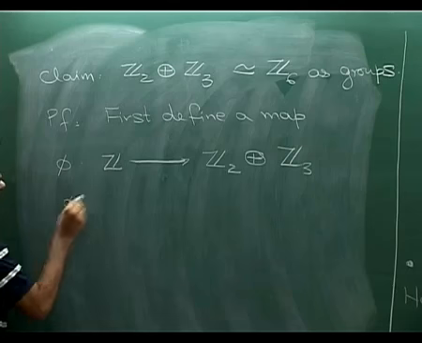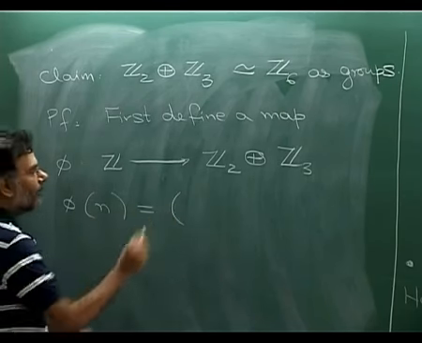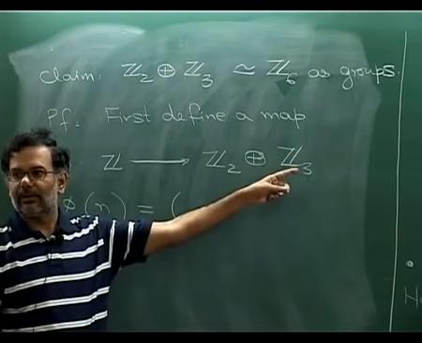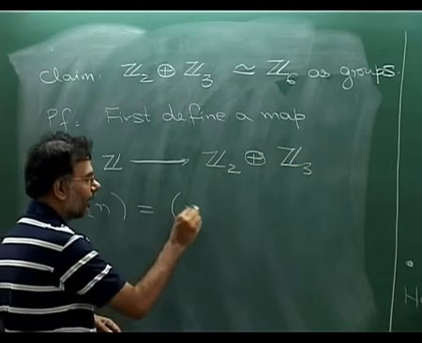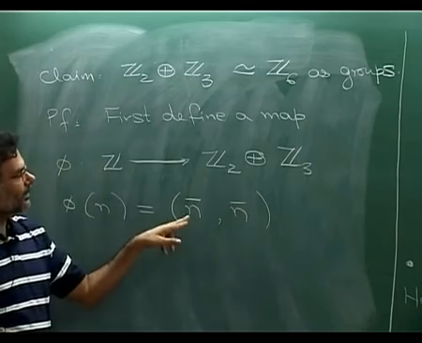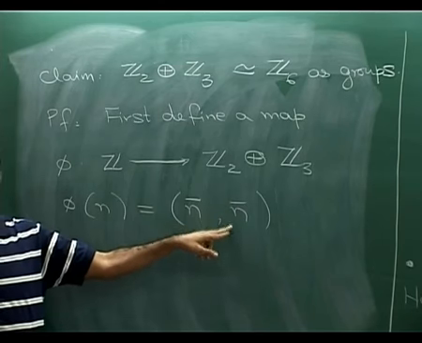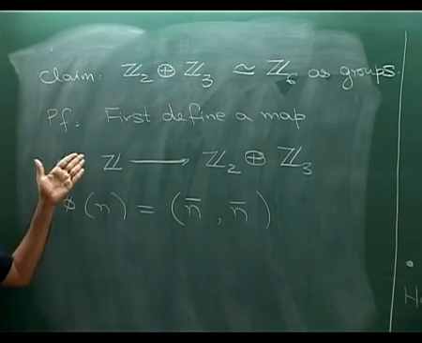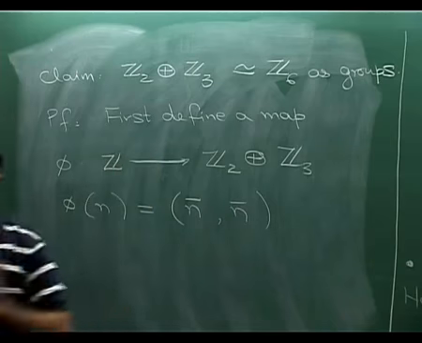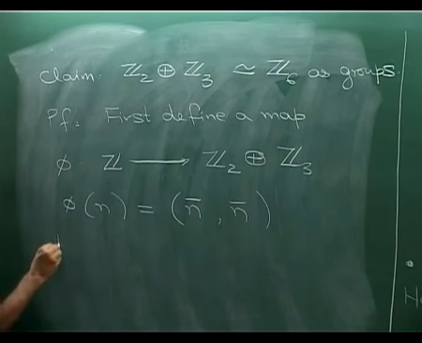Phi of n equals, I have to give you one element of Z2, one element of Z3. I'll just take n bar, comma n bar. So n bar means the coset of n in Z2. This n bar means the coset of n in Z3. So this is a map from Z into Z2 direct sum Z3. No problem, right? There is a map. Okay. Now I claim that this phi is actually a homomorphism.